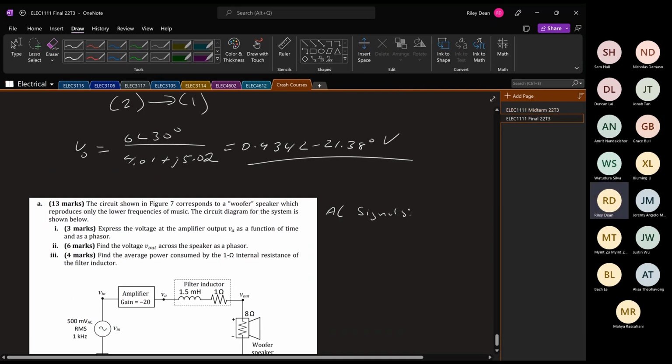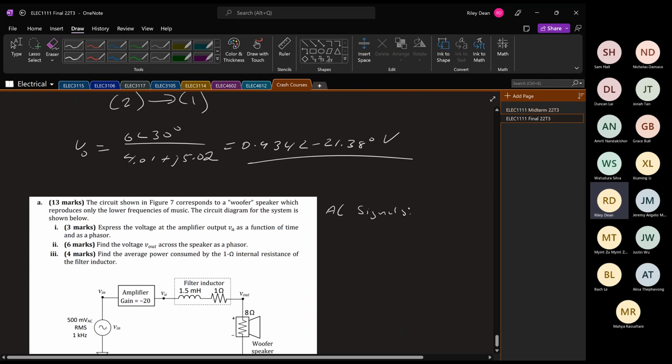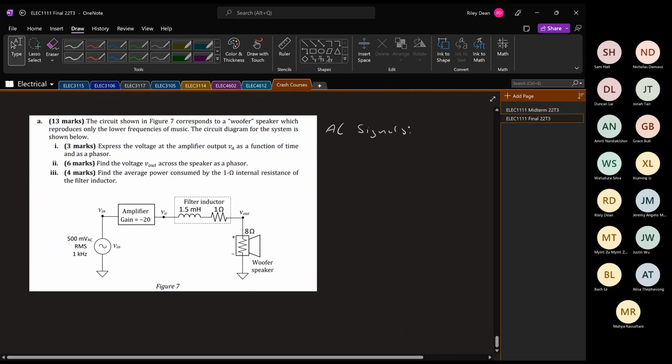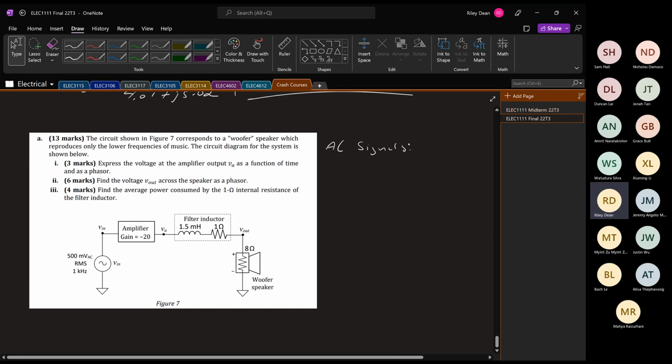Oh yeah, so the final answer, let me just check. So V0 is just here. It's 0.934 angle negative 21.38 for that one. No worries. And does anyone remember the normal way we represent an AC signal in time domain?